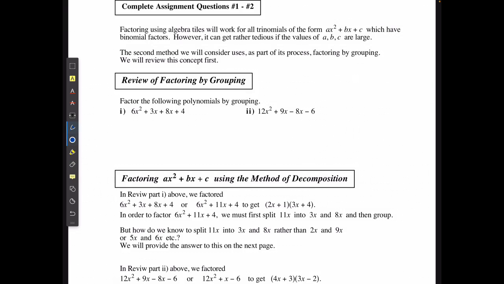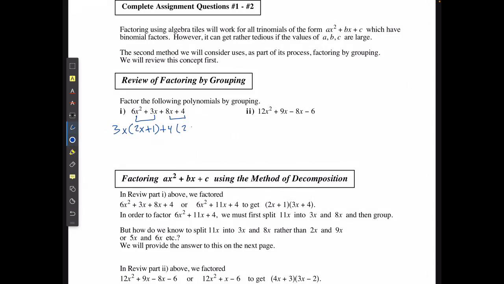So I'm going to take the first 2 terms and pull out the greatest common factor. I can divide both of these by 3, and I can divide them both by x. And when I do that, I'm left with 2x plus 1. For the second 2 terms, I have 8x and 4. I can divide both of those by positive 4.